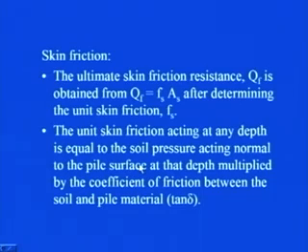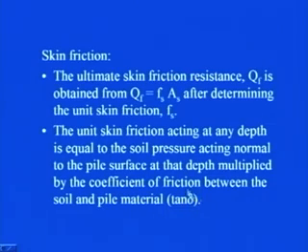So, the pile surface is vertical. So, whatever is the pressure which is acting normal to that particular surface, if you simply multiply that pressure by this coefficient of friction between soil and the pile material, that is, let us say tan delta.